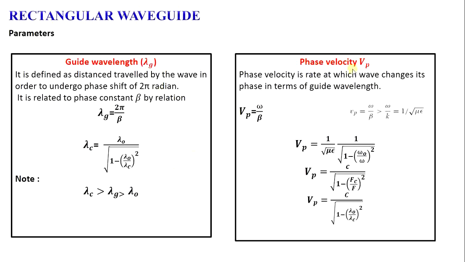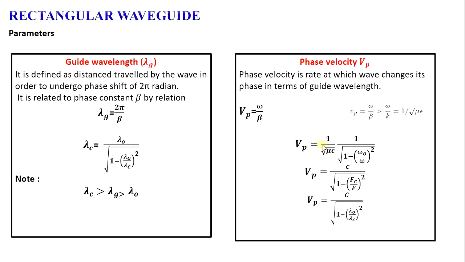The fourth term is the phase velocity. So phase velocity is the rate at which the wave changes its phase in terms of guide wavelength, and it is given as Vp is equal to omega upon beta, which is greater than omega upon k, which is equal to 1 divided by under root of mu epsilon.